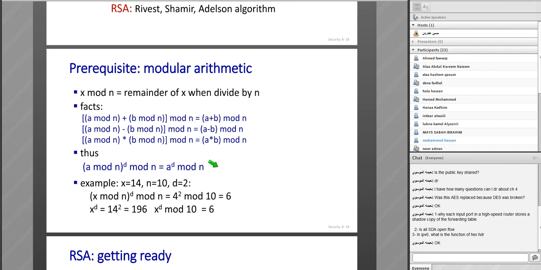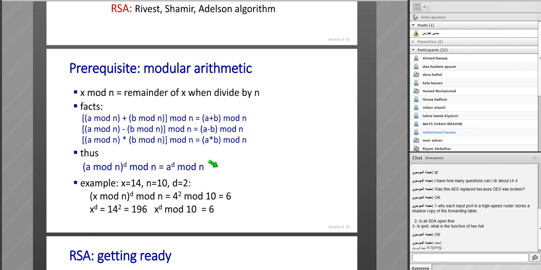Naima, in question number 2, what is SDA? Software defined access.